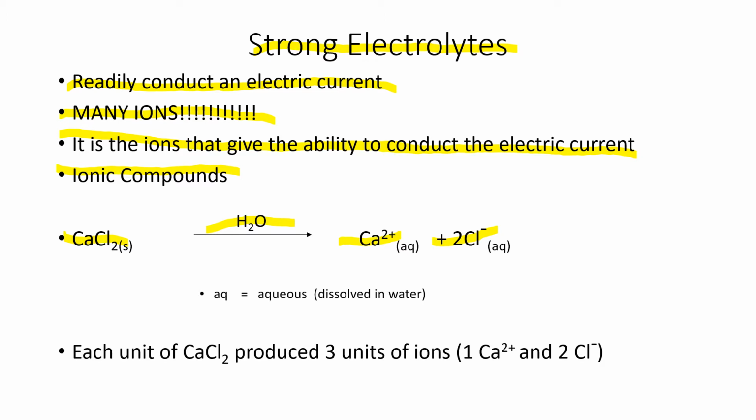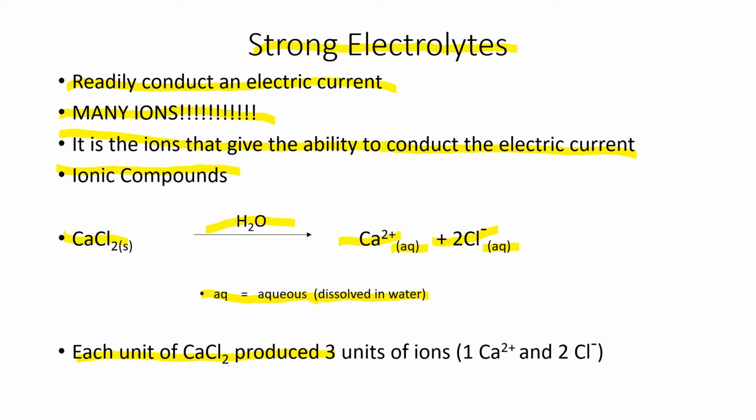Water is just such a common solvent. We're dealing with solutions that are water-based all the time. This AQ is just our abbreviation for aqueous, and that just means we are dissolved in water. So you can see for every unit of calcium chloride, we're producing a lot of units of ions.